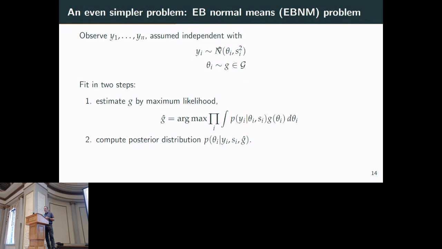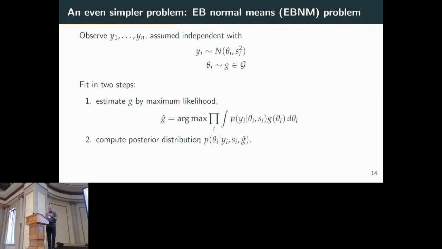That is, we can estimate G by combining data over all the observations to estimate the prior by maximum likelihood, essentially. And then, having estimated G, we compute the posterior distribution of the individual thetas given that estimated G. And that's the essence of empirical Bayes: we fix G to its maximum likelihood estimate, or a point estimate, G hat.